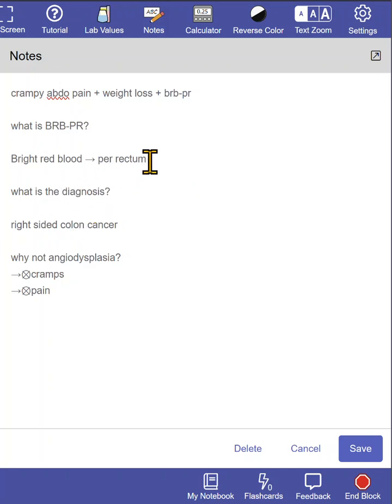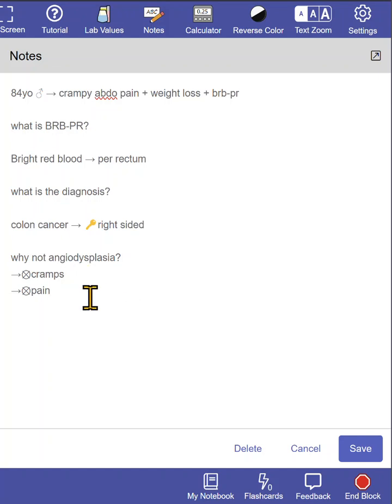So usually with crampy abdo pain, 84-year-old male, pain, weight loss, you want to be thinking about right-sided specifically. Right-sided. So, why not angiodysplasia?